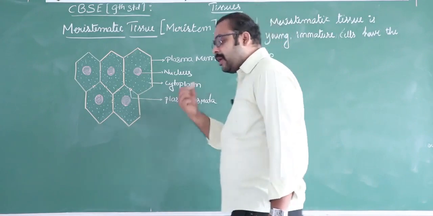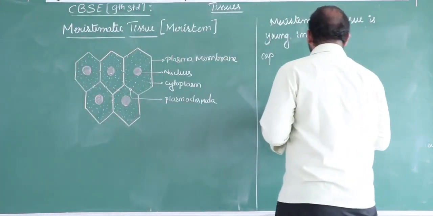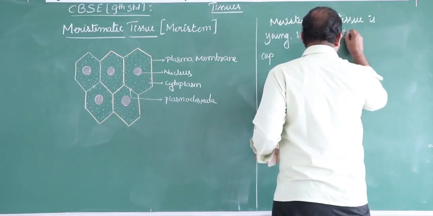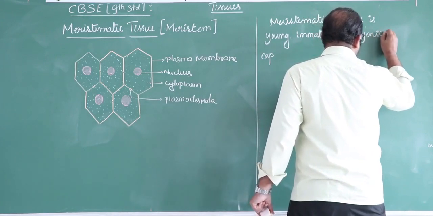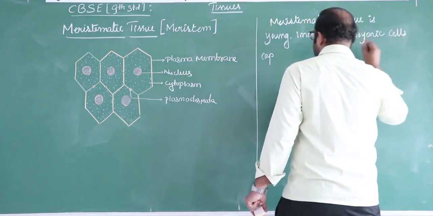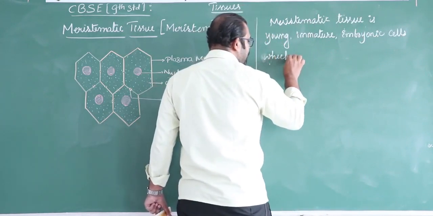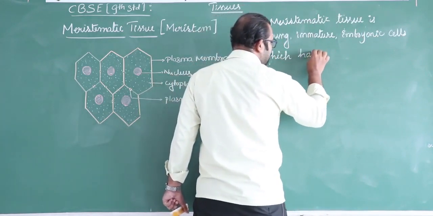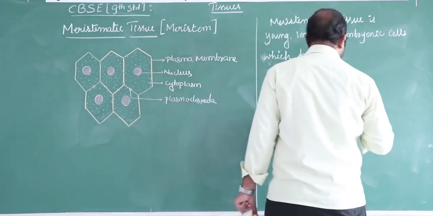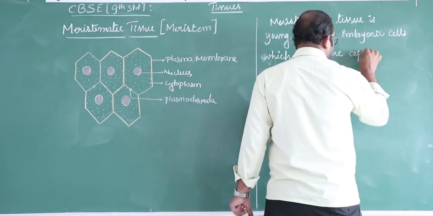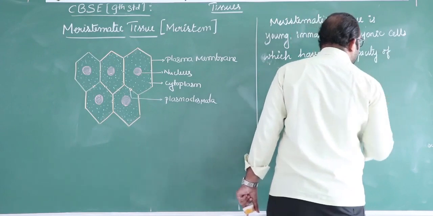You can add one more word, embryonic. So I will add one more: immature embryonic cells, which have the capacity of dividing.